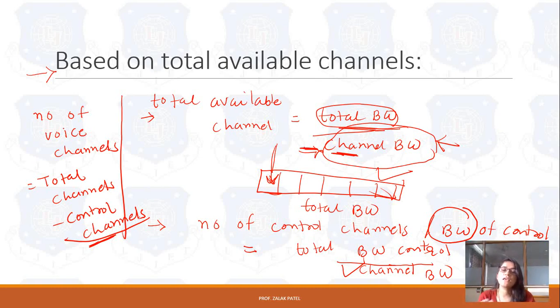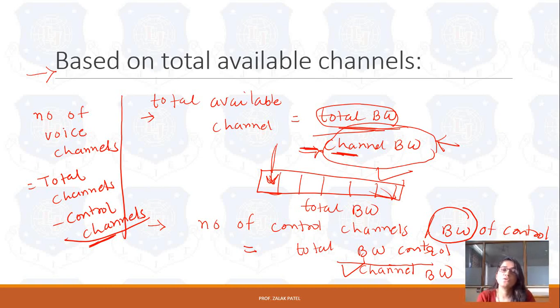Now if instead of the number of control channels, the number of voice channels is asked, then you have to divide the total bandwidth available for the voice channels by the channel bandwidth. Then it gives you the number of voice channels, and once you get that, you simply subtract that value from the total number of channels and you get the number of control channels.